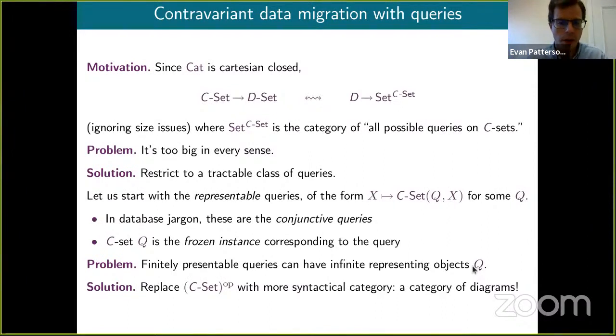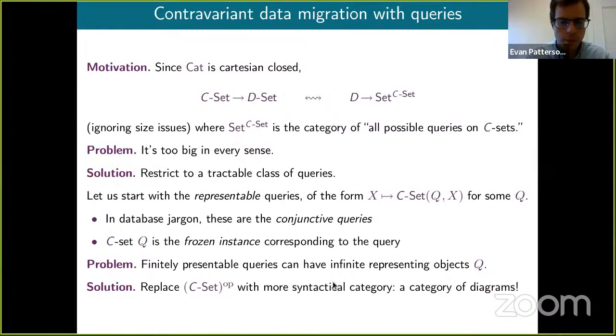And so again, we don't want to construct and work with that thing. We want a finitary way of describing these queries. And so what we're then going to do is replace this category of conjunctive queries, which, if you think about the Yoneda embedding here, this is C-Set op.